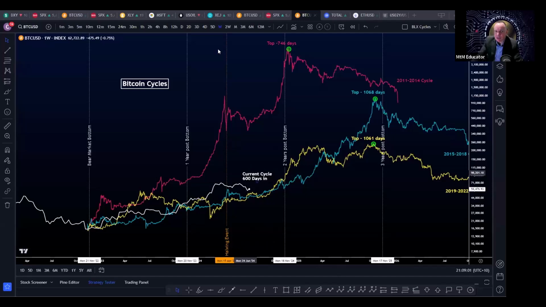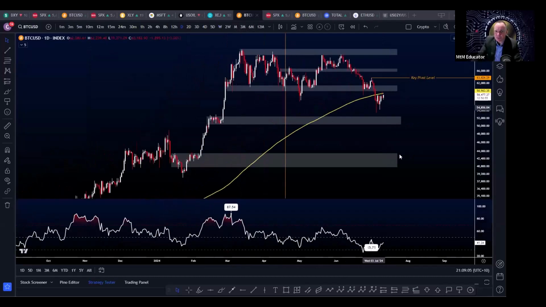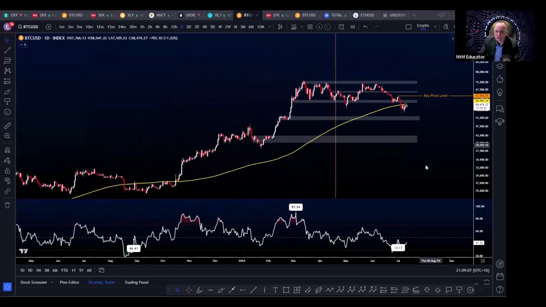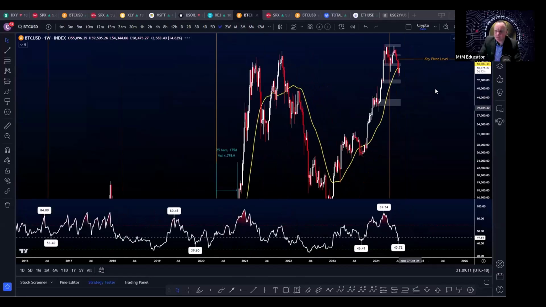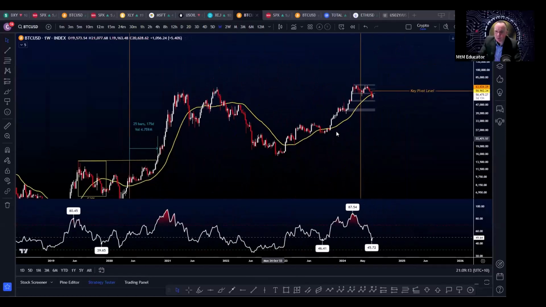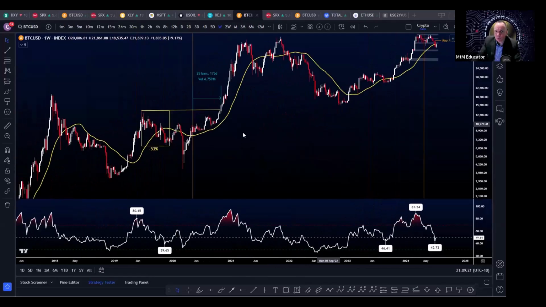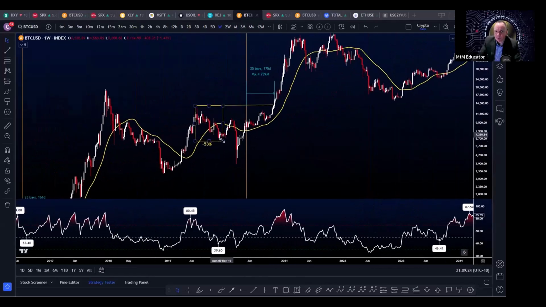But at this stage, if I look back as far as I want to, every time that we've touched or gone below the 200-day moving average would have always been a really good buying opportunity.